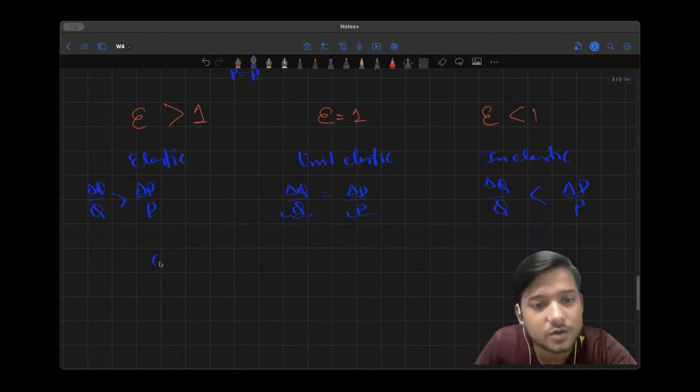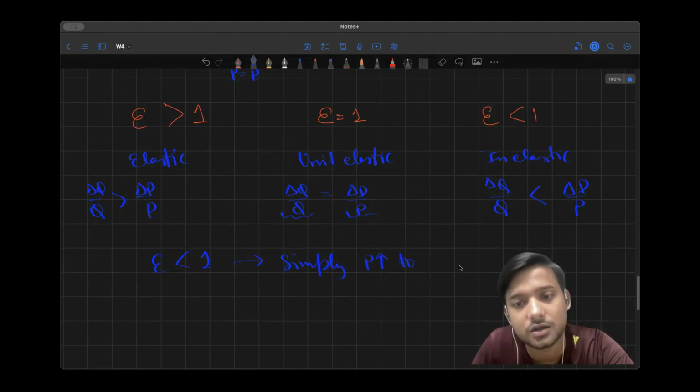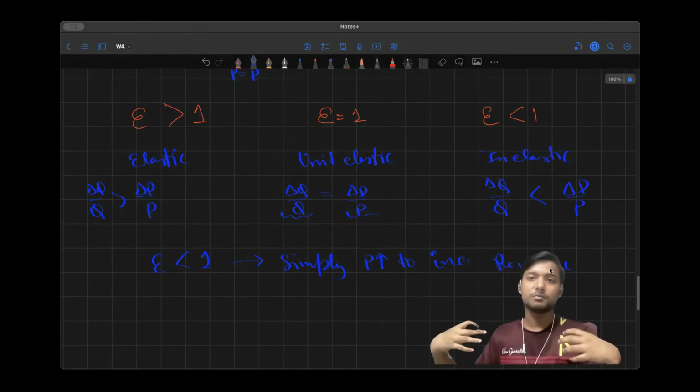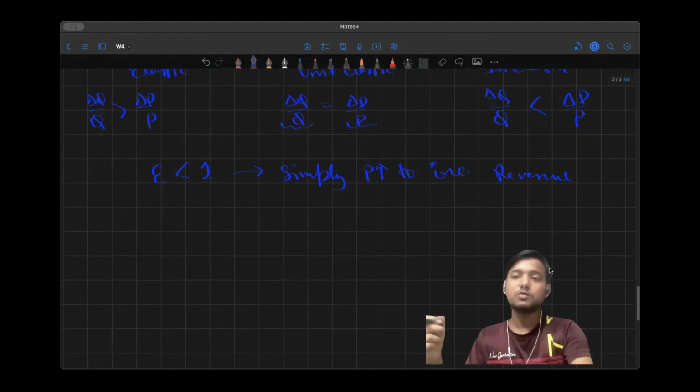Now, one thing: when we know elasticity is going to be less than 1, we can simply increase price to increase revenue, right? If you are the person who is making some medicines and people will purchase them, it is very essential to them.